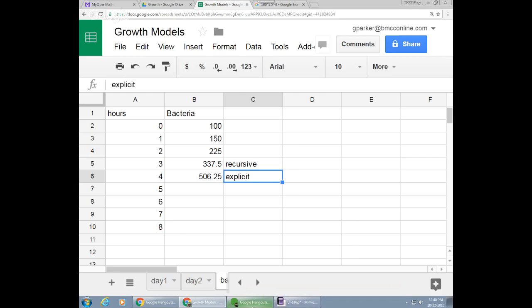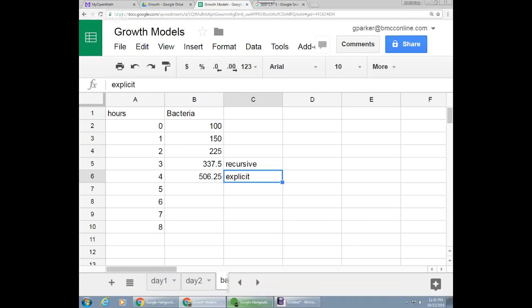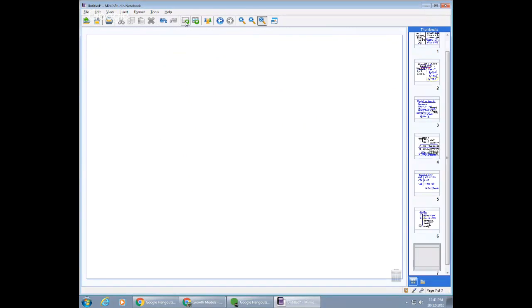All right, let's do another example. Let's do a depreciation problem, and then we'll take a look at what's called logistic growth.